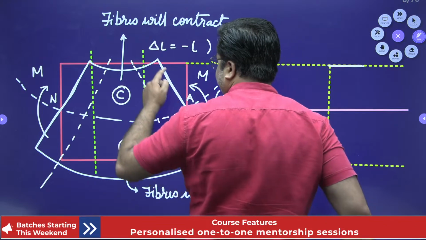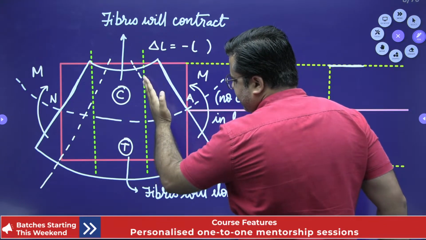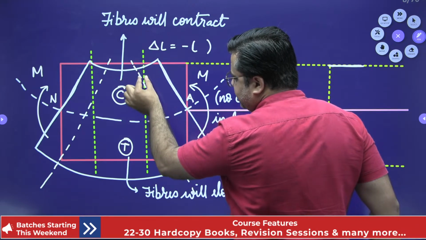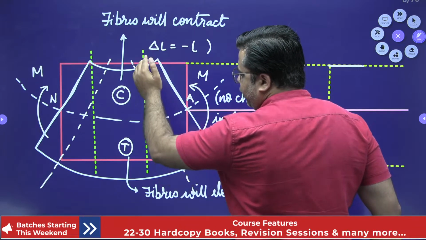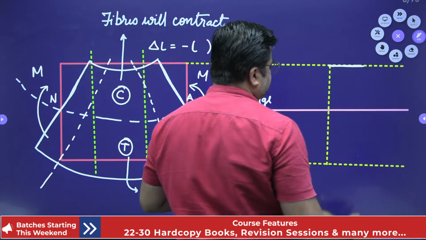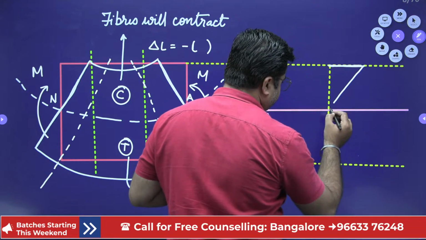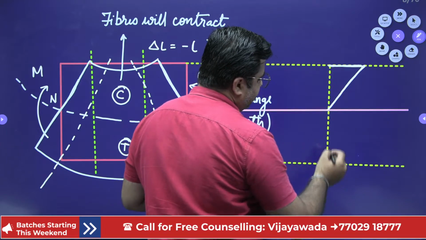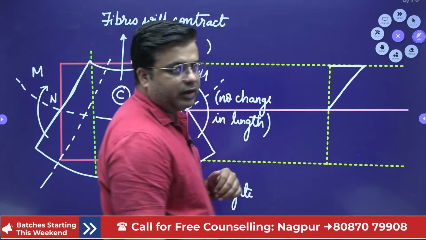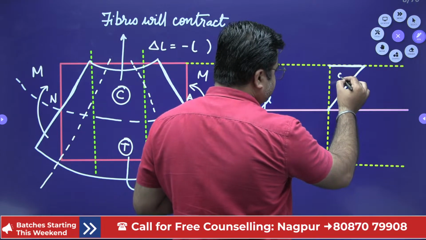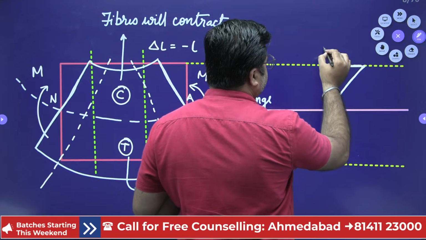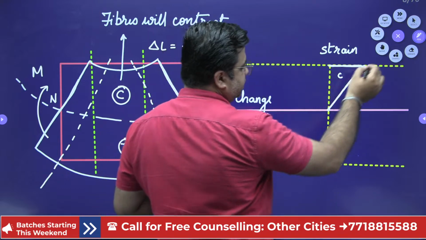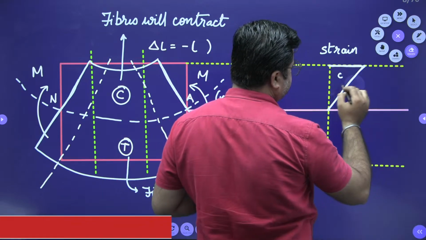And this strain keeps on reducing, since as you can see here from the plane, this top fiber is under more strain, then strain is constantly reducing from top fiber till the neutral axis. This strain keeps on reducing like this, and it is equal to 0 at the neutral axis. So this is your compressive strain or negative strain. I'll just erase this.